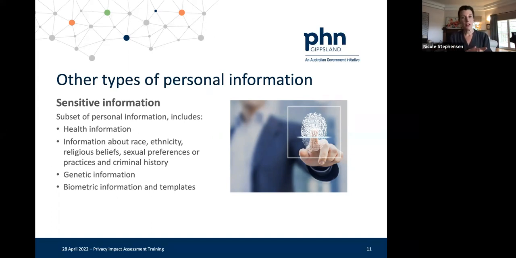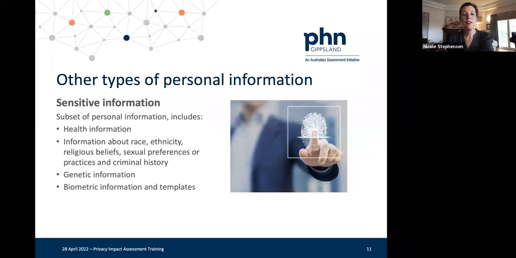Health information is an example, as well as information about race and ethnicity, religious beliefs, sexual preferences and practices, and criminal history. Genetic information, as well as biometric information and templates. By biometric information I mean things like fingerprints, iris scans, face prints. Facial recognition systems, for example, collect biometric information about a person.